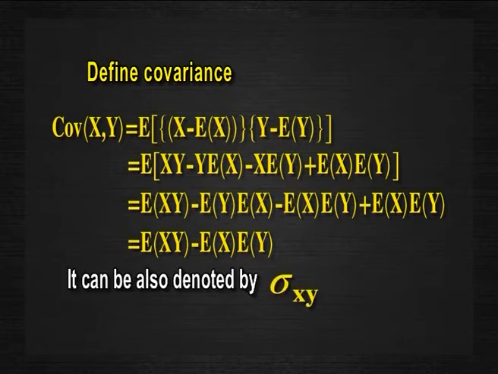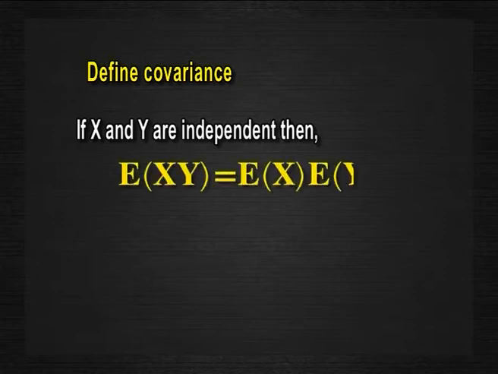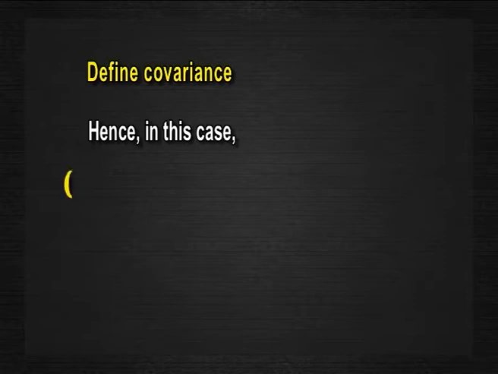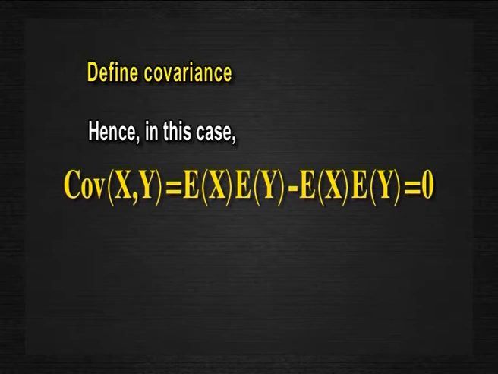It can be also denoted by sigma xy. If x and y are independent, then expectation of x into y is equal to expectation of x into expectation of y. Hence, in this case, covariance of xy is equal to expectation of x into expectation of y minus expectation of x into expectation of y, which is equal to 0.